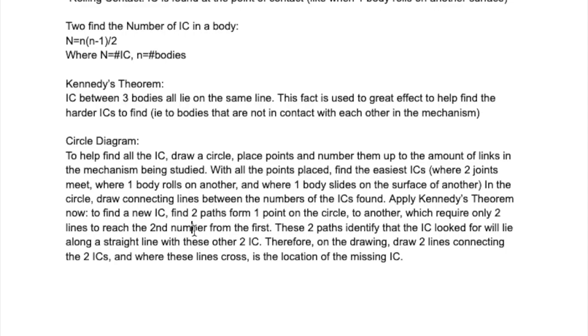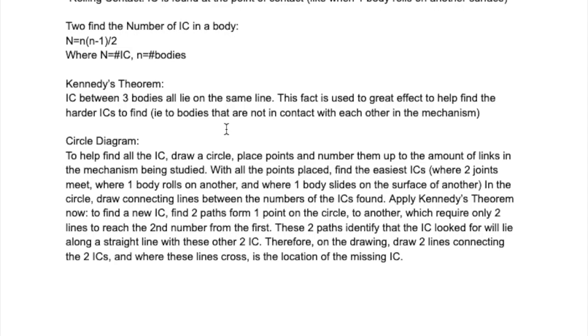You're not going to use a normal this time. You're going to use lines between 2 instance centers. Here's what you're going to do. You start with the circle diagram. You draw a circle, then mark around the rim numbers identifying all the links. So with 5 links, you would have 5 points.